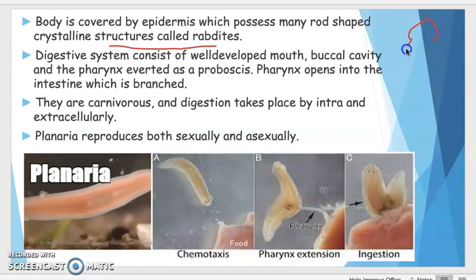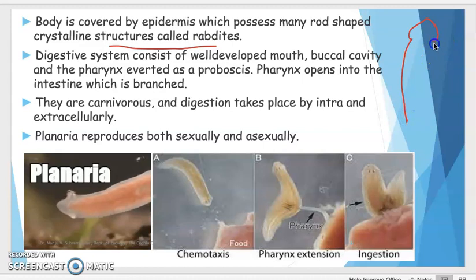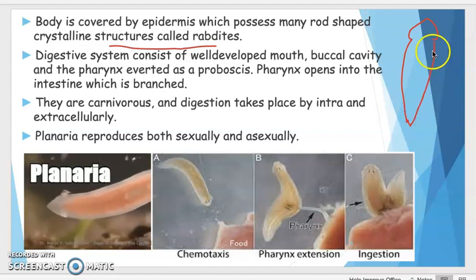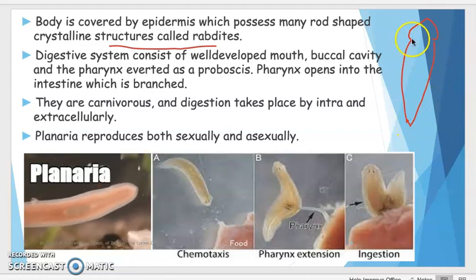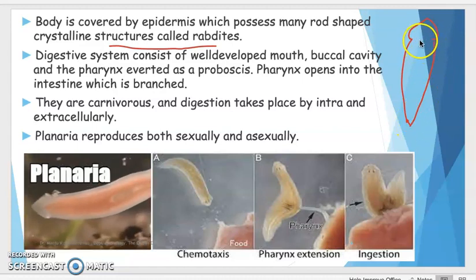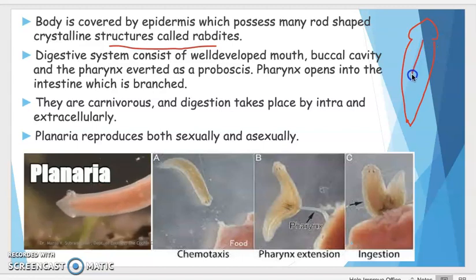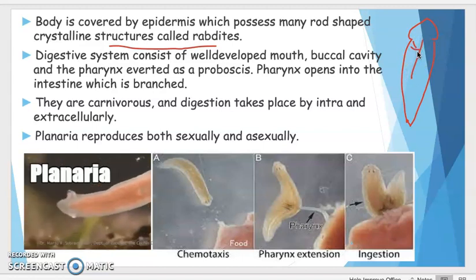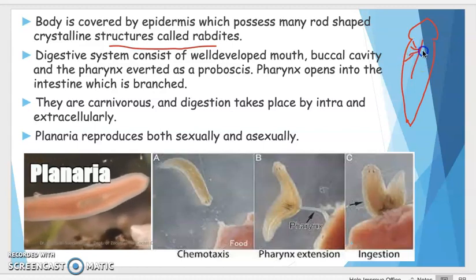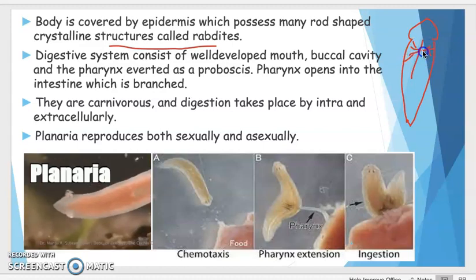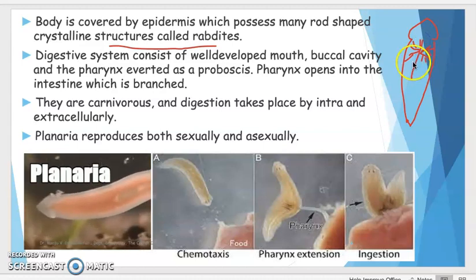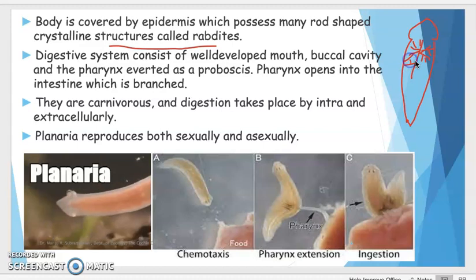So this is the head region, and this is the body of a Planaria. Anterior, it is the head region, and the posterior it is pointed. You can see that the digestive system or the alimentary canal of this is highly branched, very much branched diverticulum you can see.